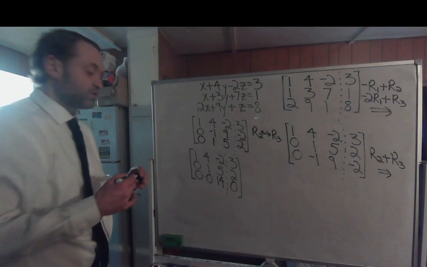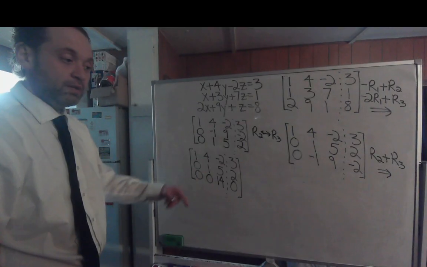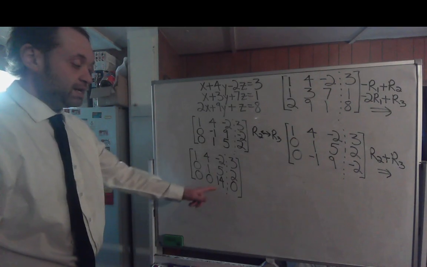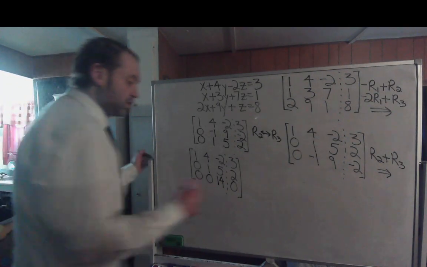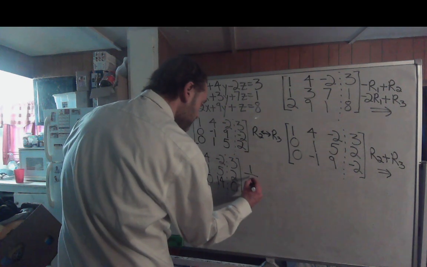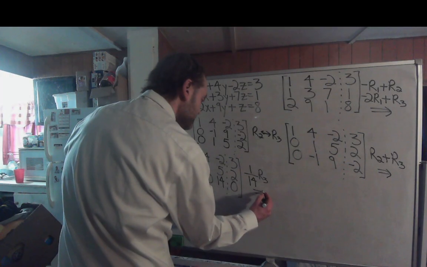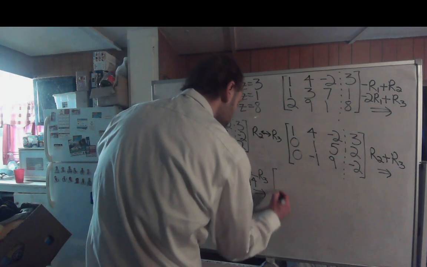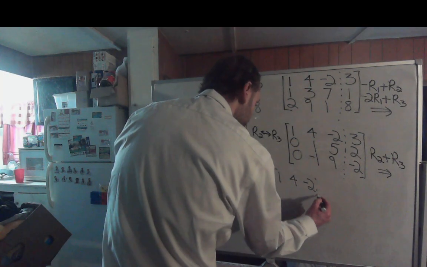We are almost to row echelon form because the first and second rows both have a leading 1. But the leading number in the third row is 14. We need it to be a 1. So go ahead and take 1/14 of row 3, and you'll end up getting this into row echelon form. So again, leave rows 1 and 2 alone. 1, 4, -2, and then 3.